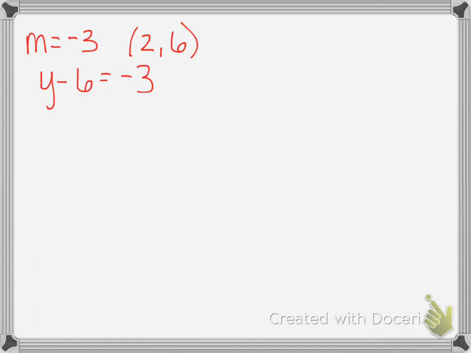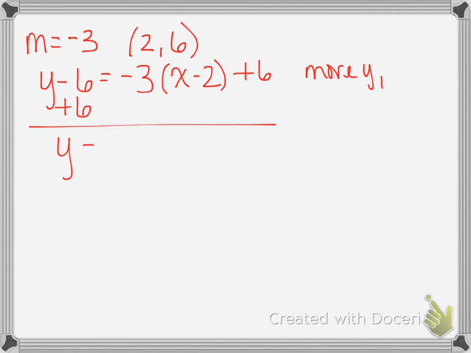We're going to try one more of these. I'm going to tell you that the slope is negative 3 and the coordinate is 2, 6. So again, y minus 6 is equal to negative 3 times the quantity of x minus 2. I'm going to move y1. I'm going to distribute.